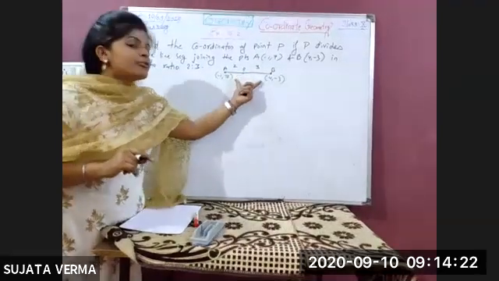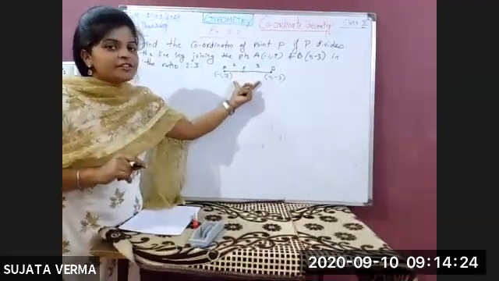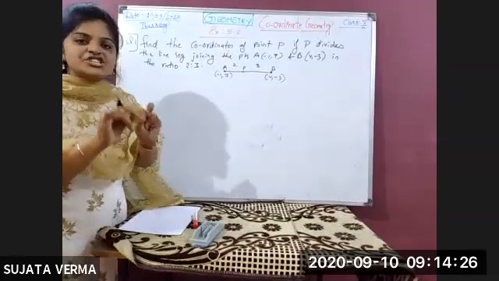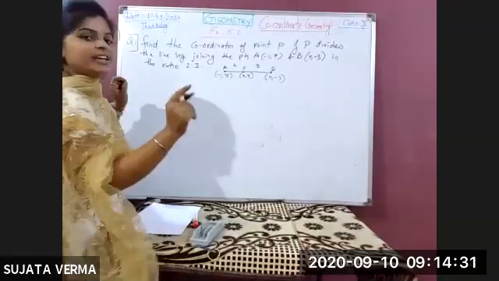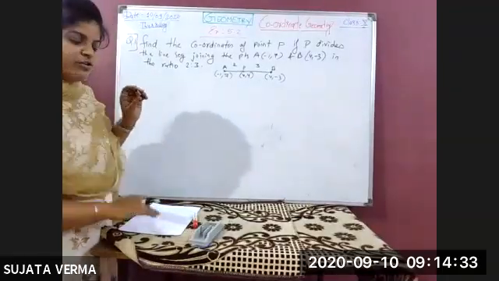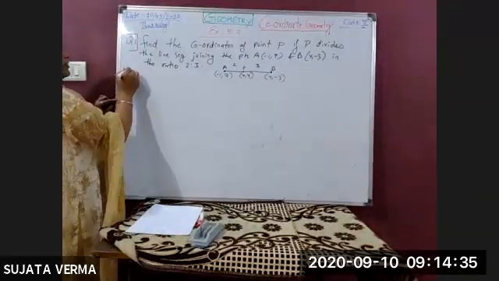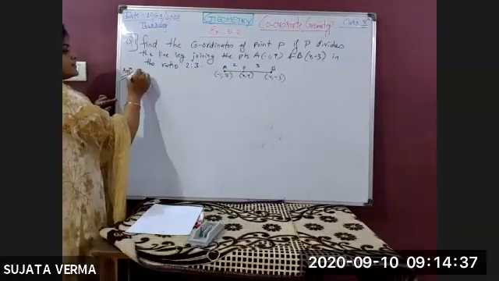So we have to find the coordinates of P. Which formula are we using here? Yes, we are using the section formula. So the coordinates of P are (x, y). Let's solve this question. First, we write the solution.